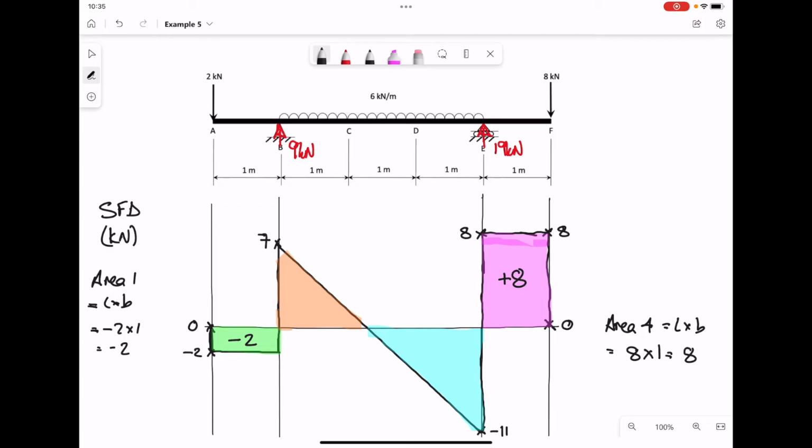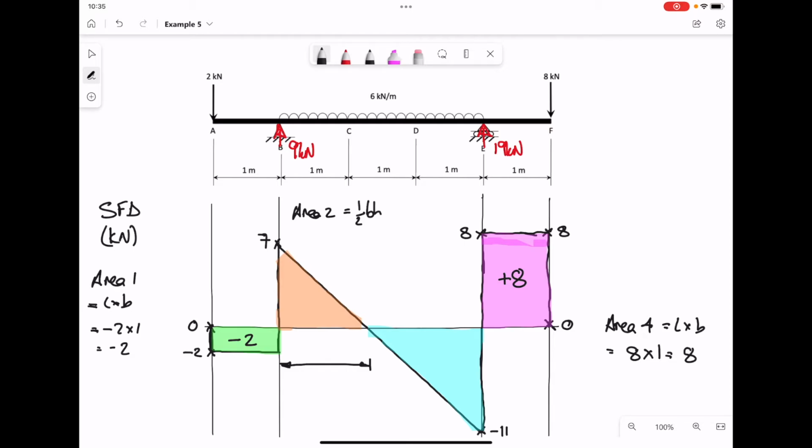Now to work out the area for the orange and blue areas, both of these are triangles in shape. So for the orange area, it's going to be the half the base times the height. However, we know the height, which is a height of 7, but we don't know the distance along for the base.